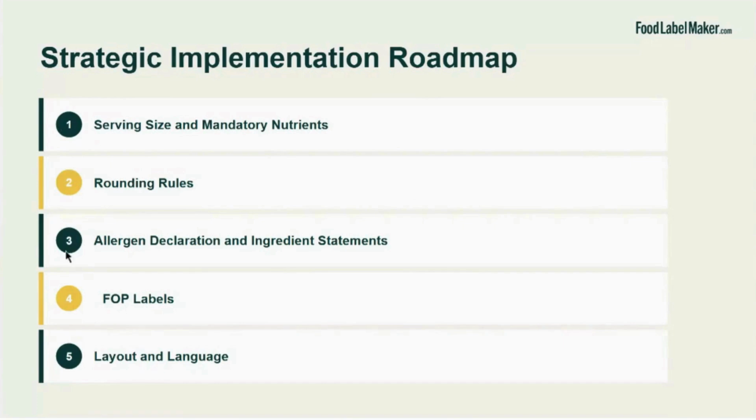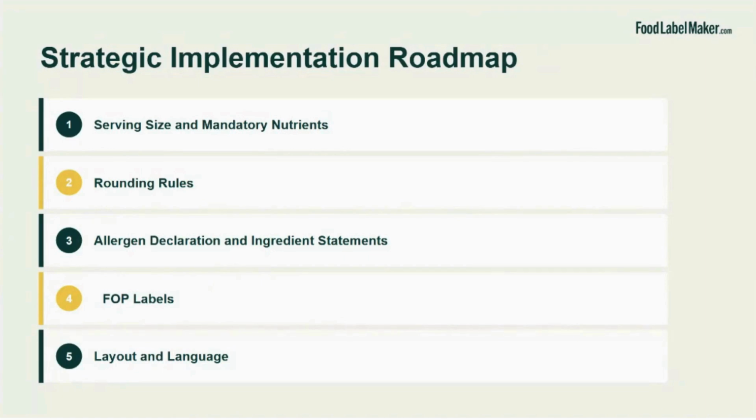And also do take care of allergen declaration on each market's label, and the way ingredient statements should be written out. As I said before, it's not just listing the ingredients in decreasing weight order. It's also about assigning QUID whenever it's necessary, and grouping sugars whenever the market calls for it.